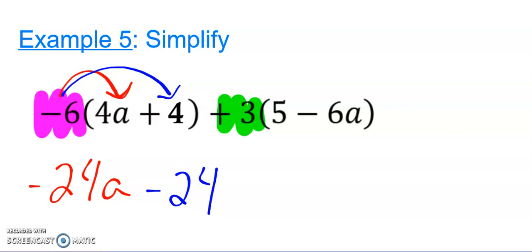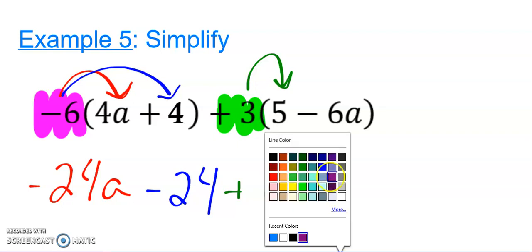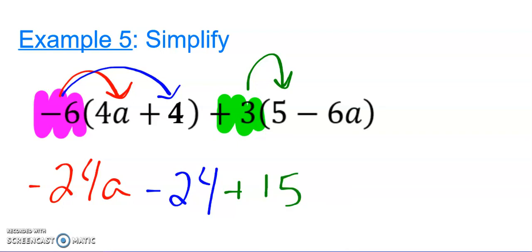For the green coefficient, we're going to do 3 times 5. Well, 3 times 5 is 15. It's a plus right there. I'm going to keep that. Okay. And now we're going to do 3 times negative 6a. 3 times negative 6 is negative 18a.